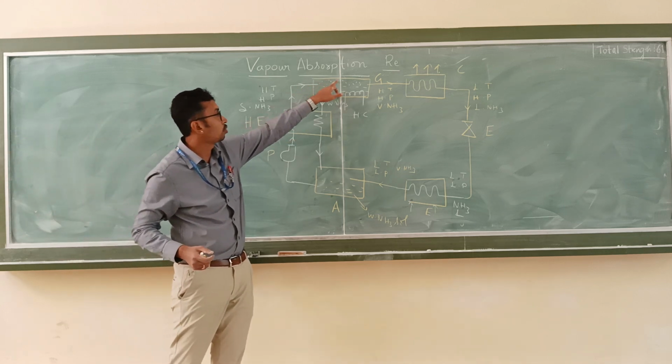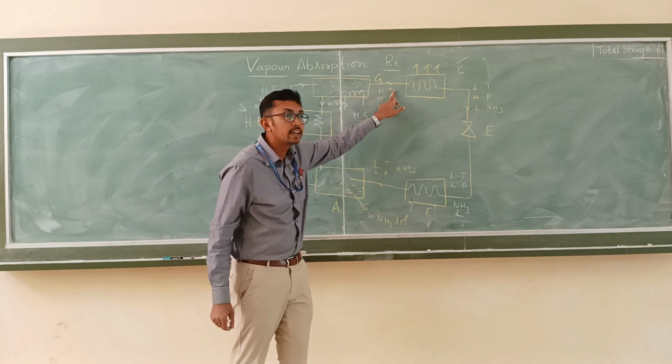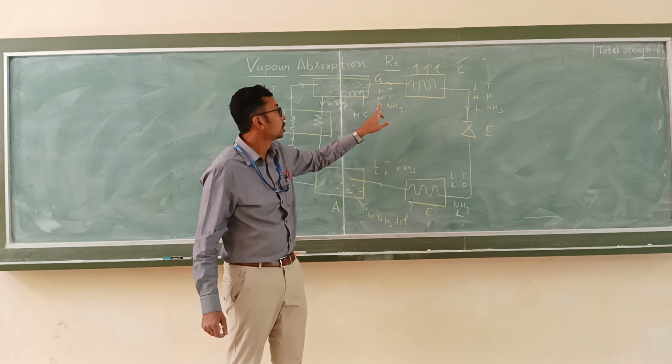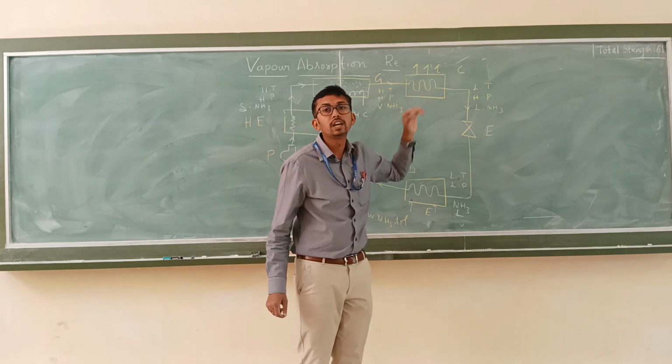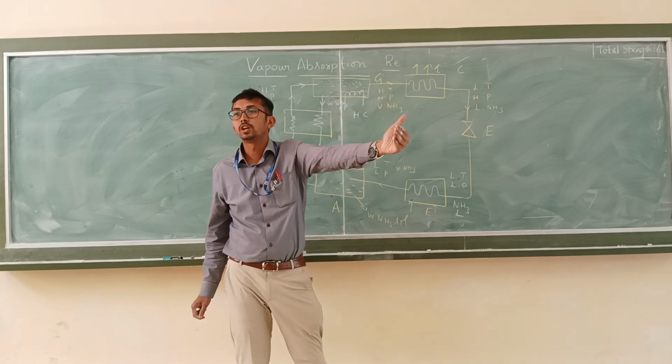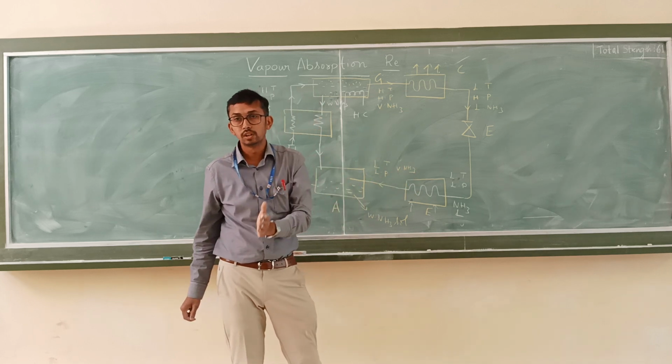It will be a high temperature, high pressure strong ammonia solution passed to the generator, where with the help of a heating coil, vapors of ammonia are generated. These high temperature, high pressure ammonia vapors are passed to a condenser, where heat is rejected to the atmosphere. The ammonia undergoes phase change from vapor to liquid.